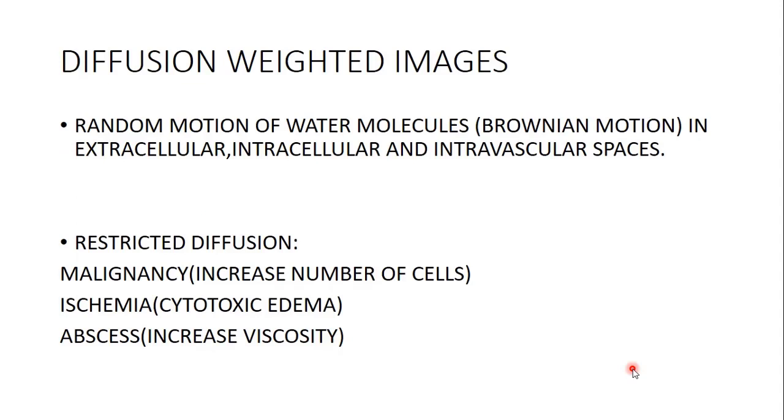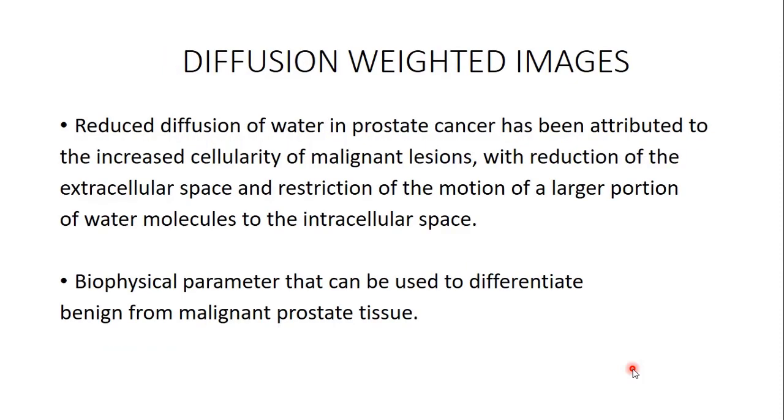Now, diffusion weighted images. This method uses the random motion of water molecules, that is Brownian motion, in the extracellular, intracellular and intravascular spaces. These movements are restricted in cases of malignancy, ischemia and abscesses. In cancer, there is an increase in the number of cells, and all cancers are, as we know, hypercellular.